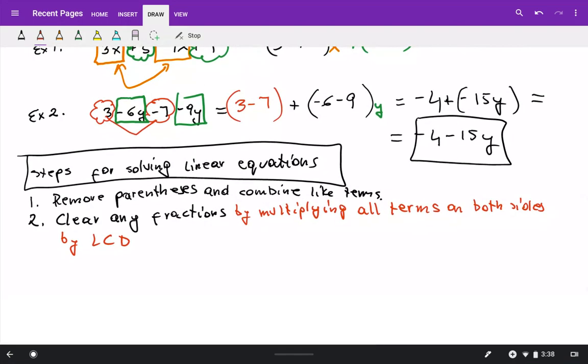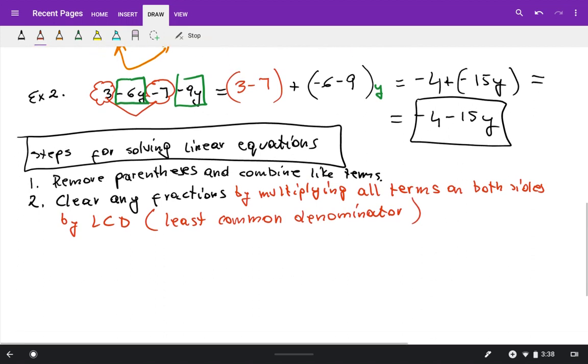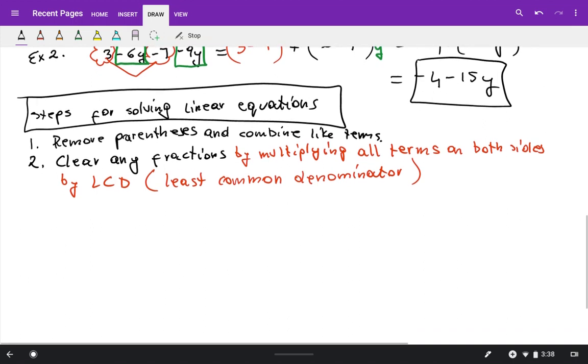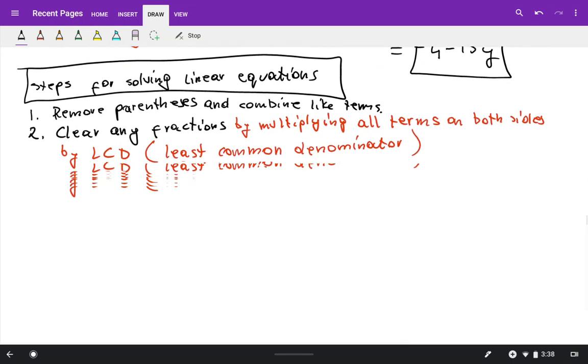LCD means least common denominator. We're going to do problems like this. Least common denominator, using simple language, means a number which can divide each denominator which you see in the equation.